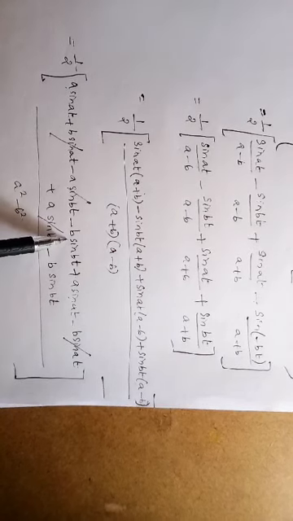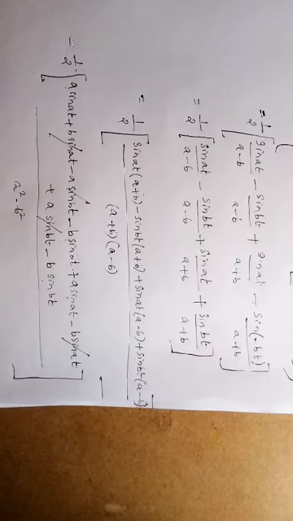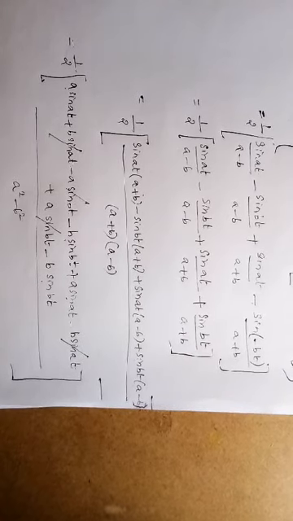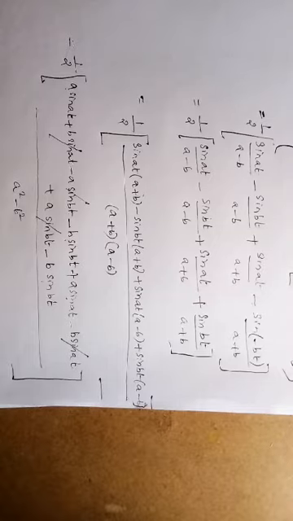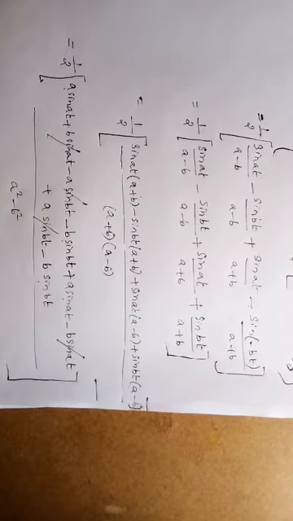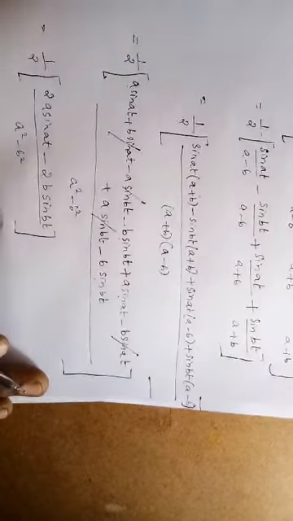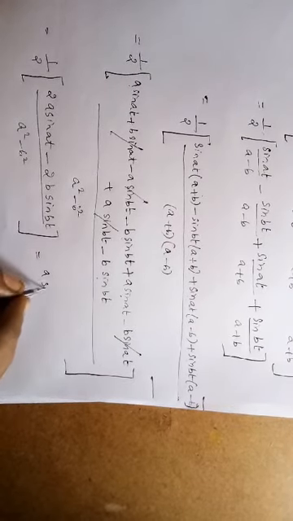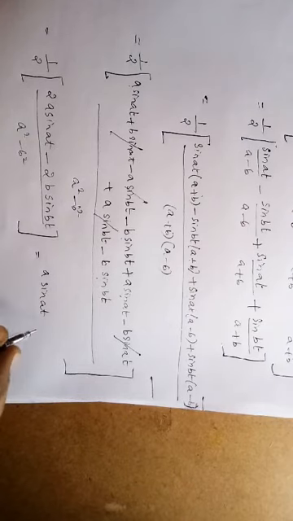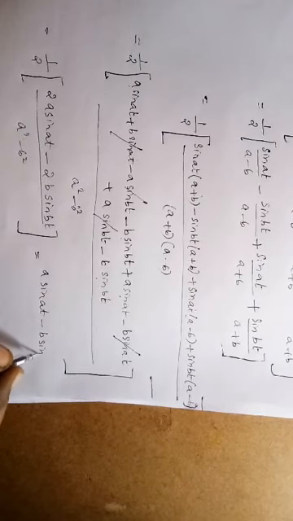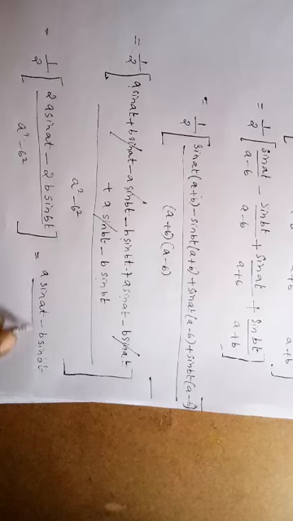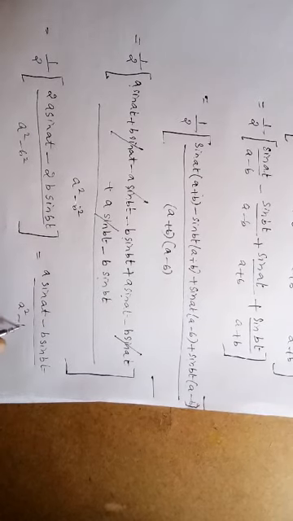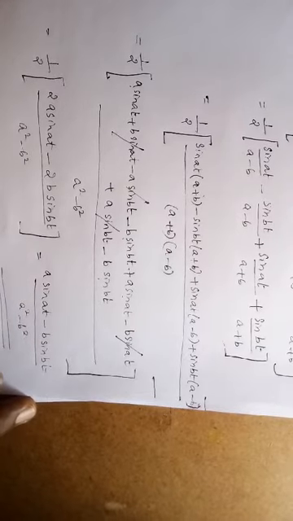Similarly, minus b sin bt minus b sin bt, so 2 times minus b sin bt will remain, divided by the denominator a squared minus b squared. This 2 will also cancel. So the answer we finally get is a sin at minus b sin bt divided by a squared minus b squared, which is the inverse of the given function.